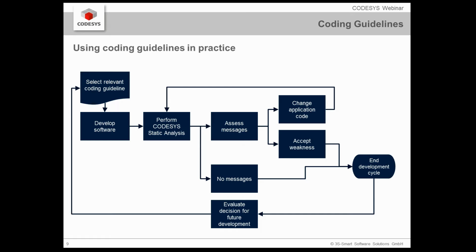The other one, the way you would choose more often, is to change the application code to follow the coding guidelines, and then you can do this in the next iteration, in the next sprint, when you want to use it during a Scrum process, and change the code and perform the static analysis again, as long as you have received the no message folder, and then it's the quality level which you have predefined, and the static analysis is then done finally.